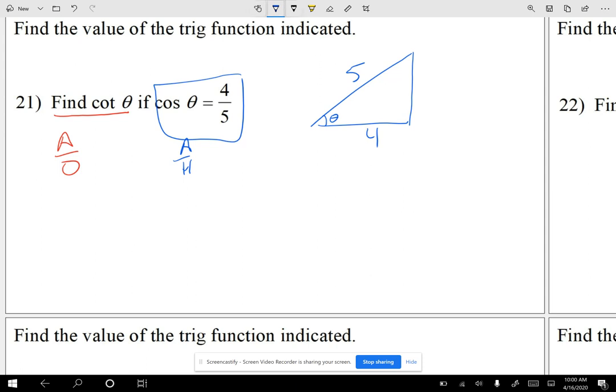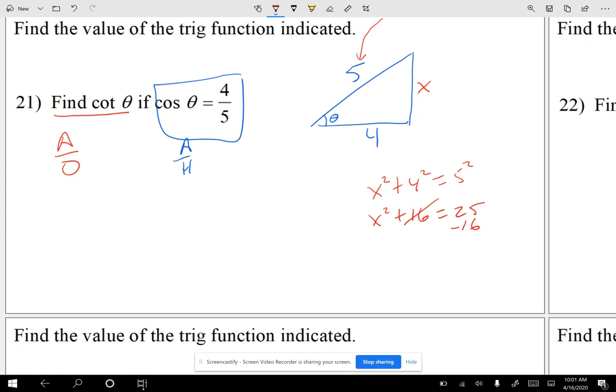For cotangent, I need adjacent and opposite. The opposite, at this moment I don't know, so I'm going to call it x. I know how to use the Pythagorean theorem. My hypotenuse in this case is 5, so that's what I'm going to leave by itself. I'm going to write x squared plus 4 squared equals 5 squared. I have x squared plus 16 equals 25.